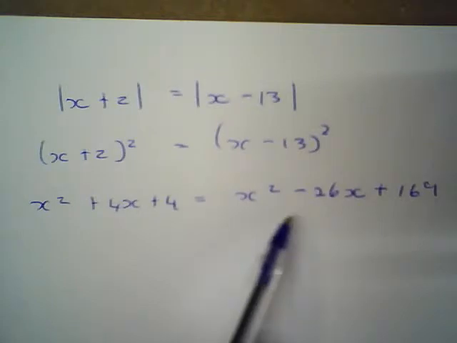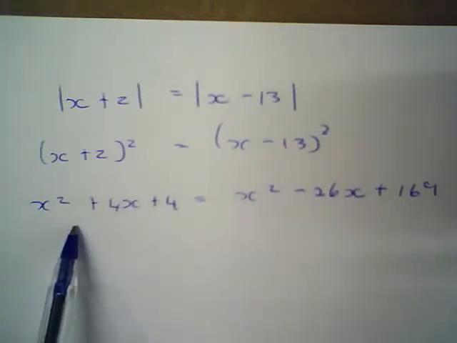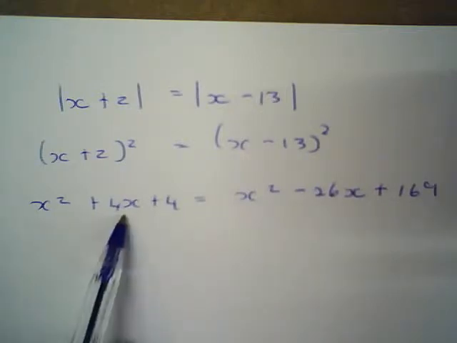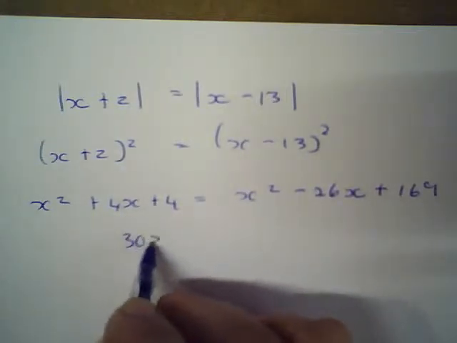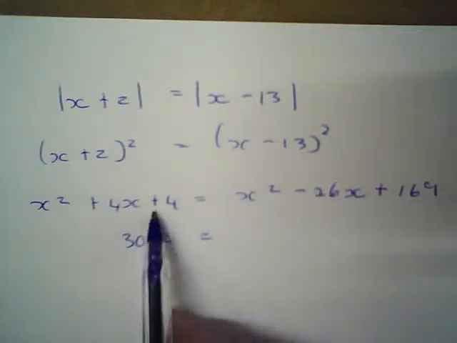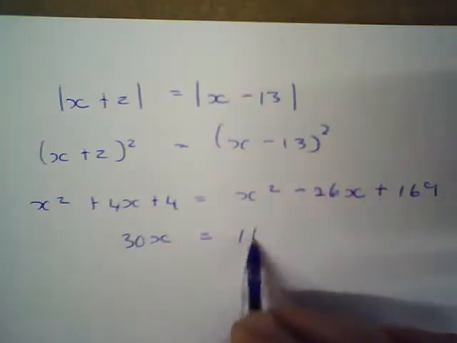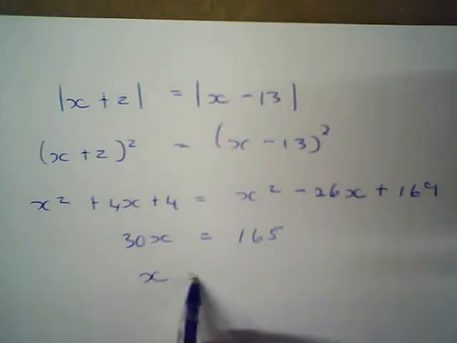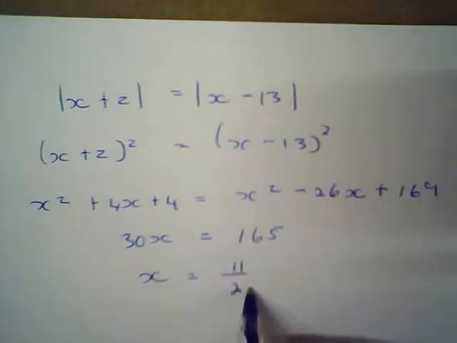Okay, now let's quickly solve. x squared and x squared will cancel one another out, and plus 26x will give me 30x equals 165. I divide on both sides by 30, so x will be 11 over 2, and we're done with that question.